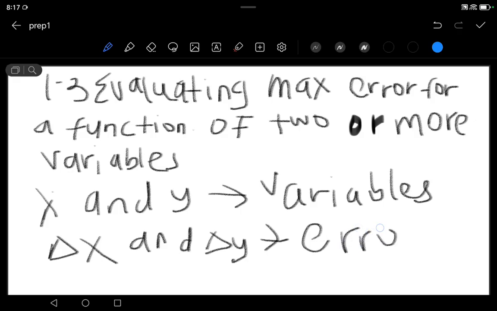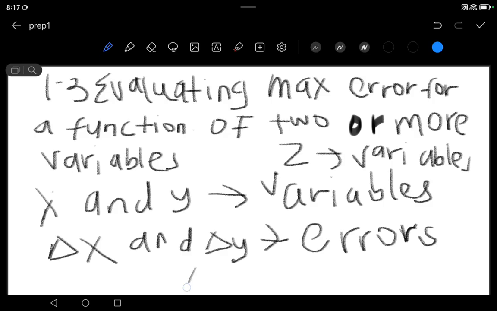When we say more, we can also have variable z. So x and y is when we have 2, and sometimes we can have z, so it's more. Also we can have change in z, which is an error.